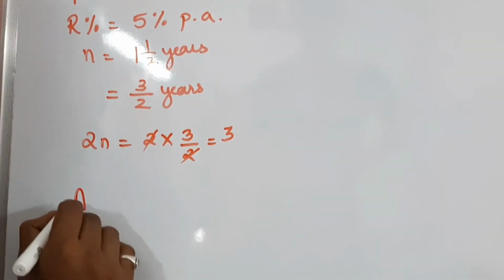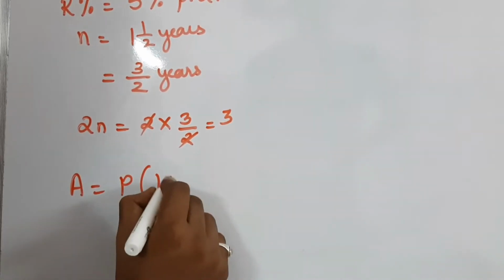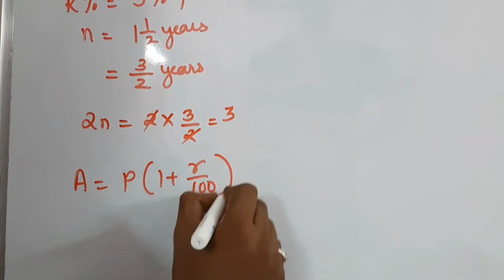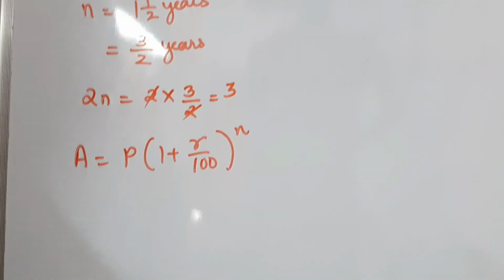So what is the formula for the amount? P of 1 plus R by 100 whole power n.